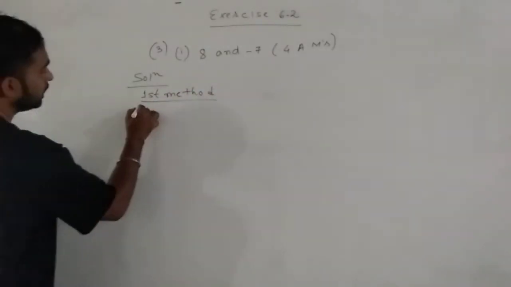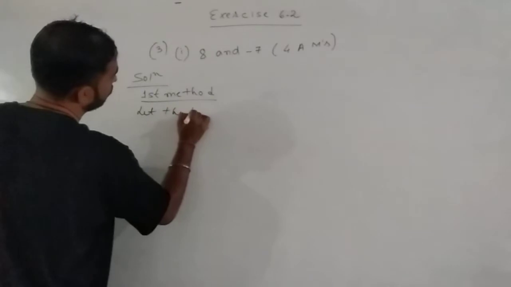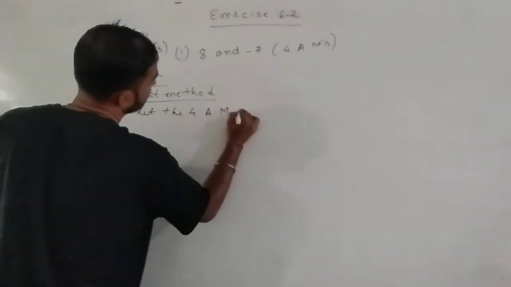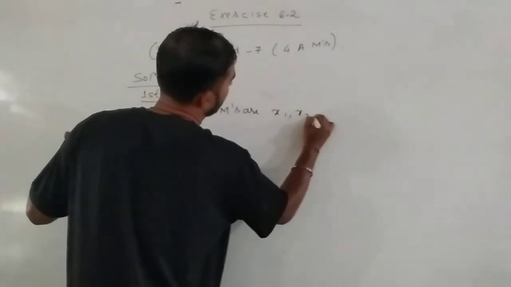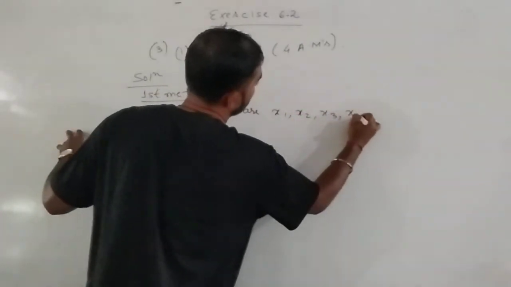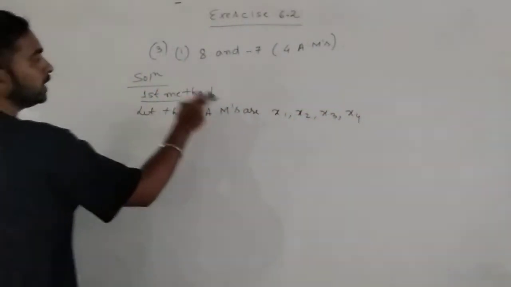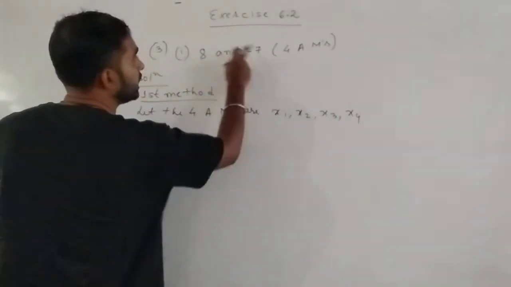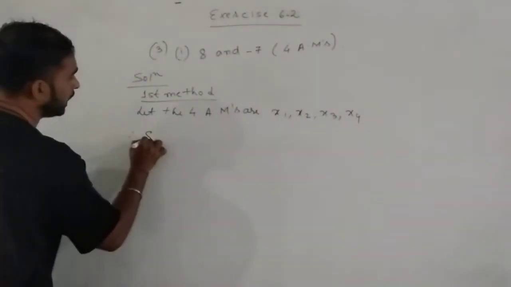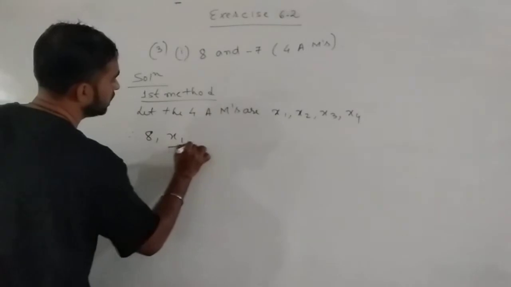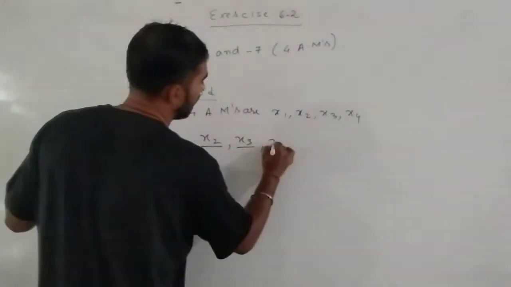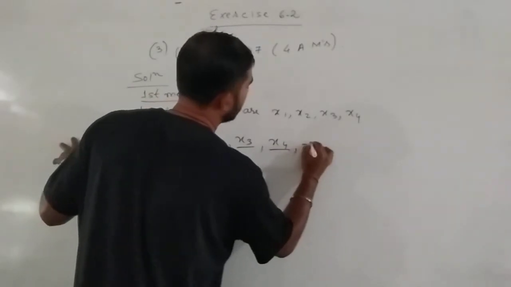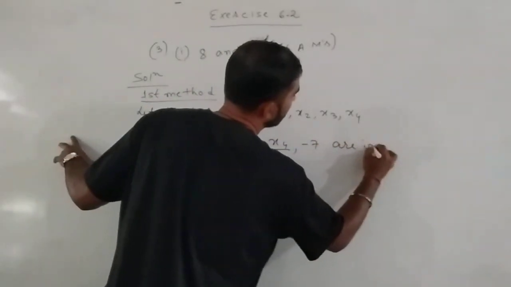Okay, first let the 4 AMs be x1, x2, x3 and x4. Means these are the 4 AMs between 8 and minus 7. Therefore 8, x1, x2, x3, x4 and minus 7 are in AP.